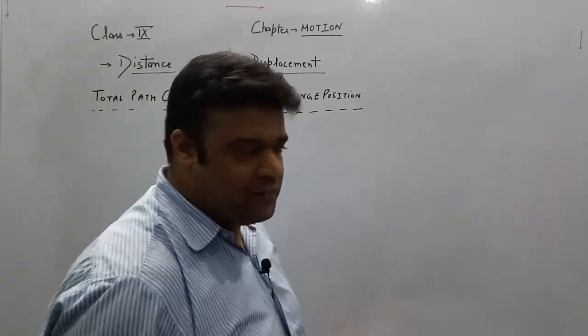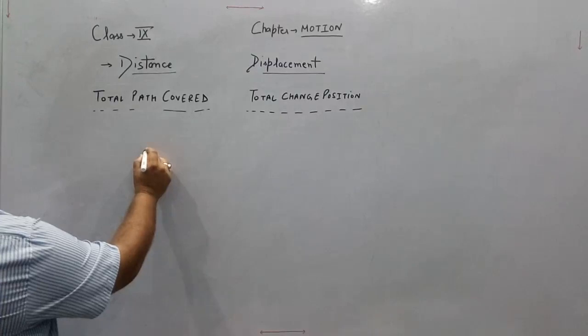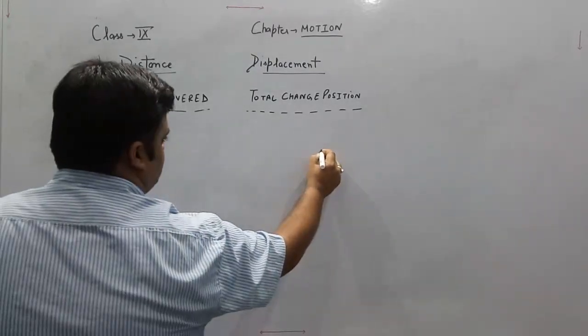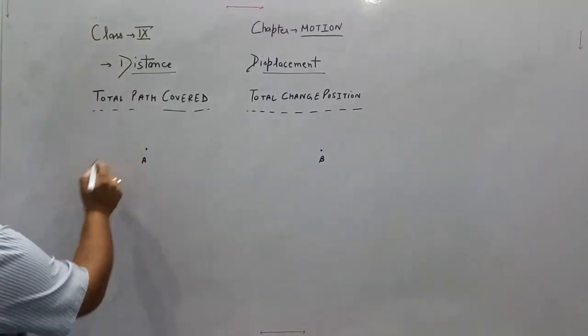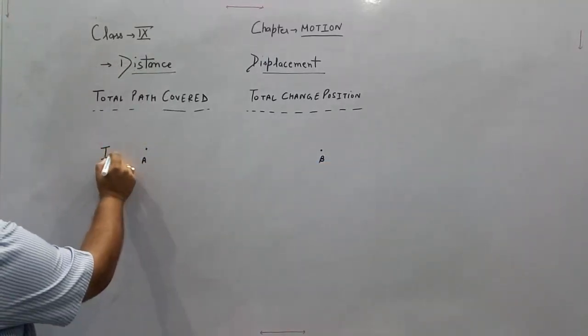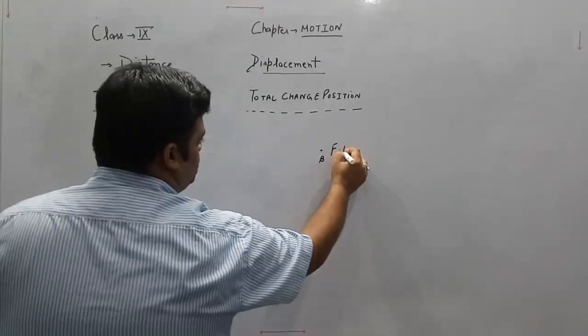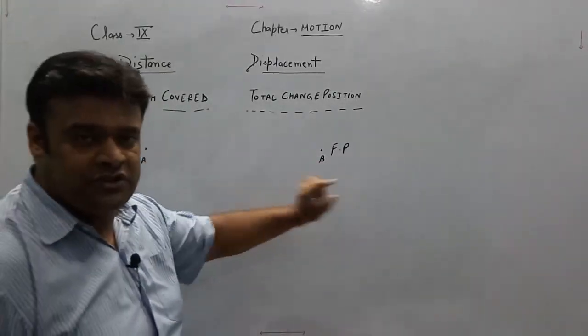We'll take one example to understand it. Suppose an object is at position A and this is the position B of that object. This we consider as the initial position and this we consider as the final position of the object.